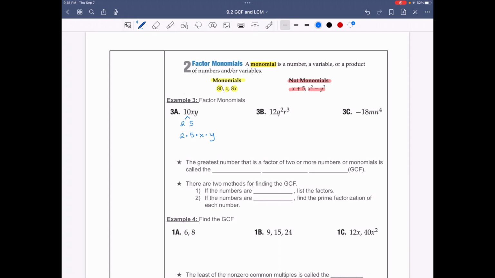That would be the prime factorization. 12 is 2 and 6, which is 2 and 3. q squared is q times q, and r cubed is r times r times r. So now we're going to take all of these prime pieces and put them as an expression where we're multiplying them all out.